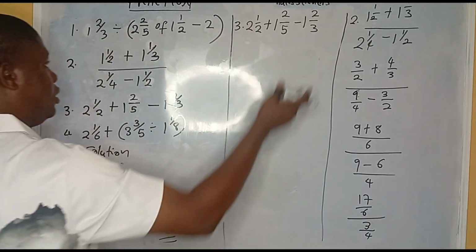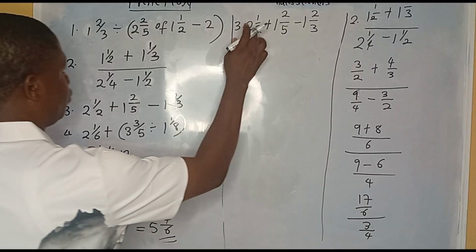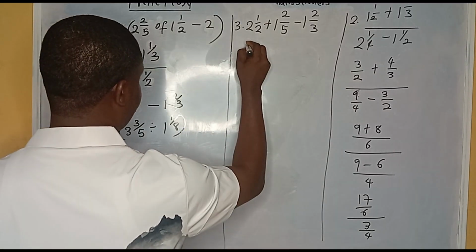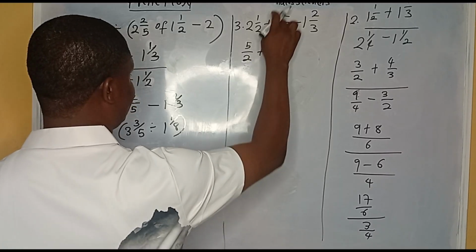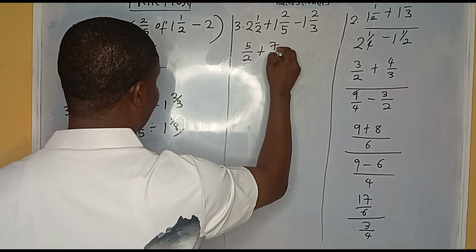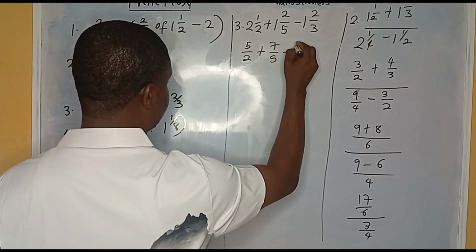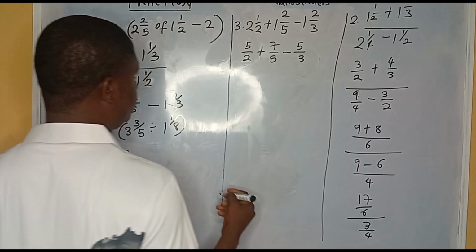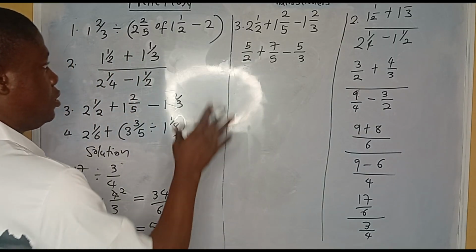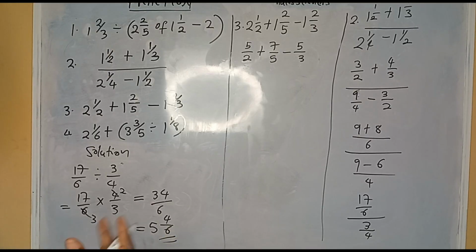So these are mixed fractions, so we need to convert them to improper fractions. So we have 2 times 2 is 4 plus 1 is 5 over 2, plus 5 times 1 is 5 plus 2 is 7 over 5, minus 3 times 1 is 3 plus 2 is 5 over 3.